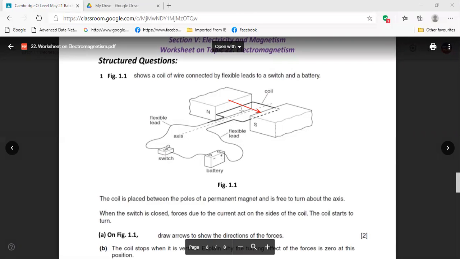Positive to negative. So it's going like this. It says the direction of forces. Current direction you got, magnetic field you got, then now you can get the force, right?